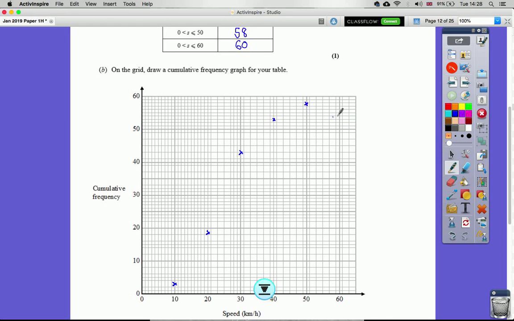Finally 60 and 60. So what I'm going to do now is draw a freehand smooth curve joining these coordinates. So this is my cumulative frequency diagram drawn.